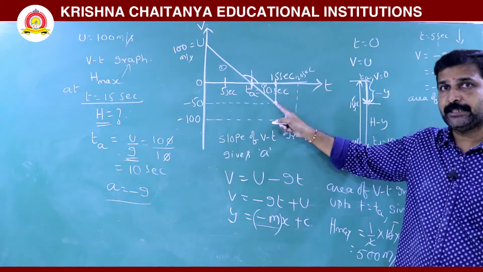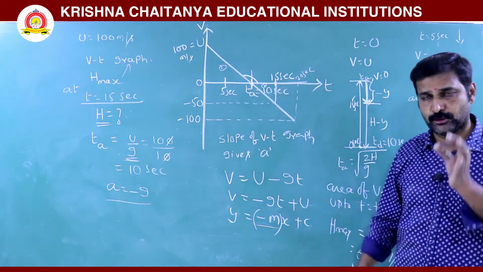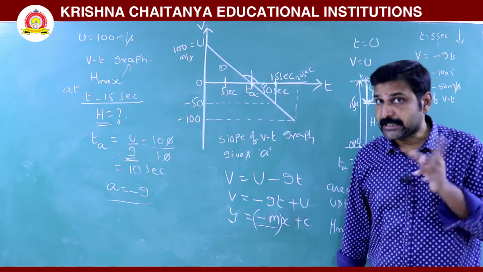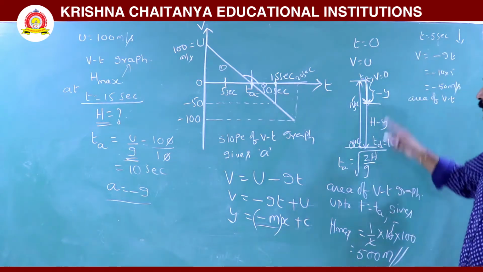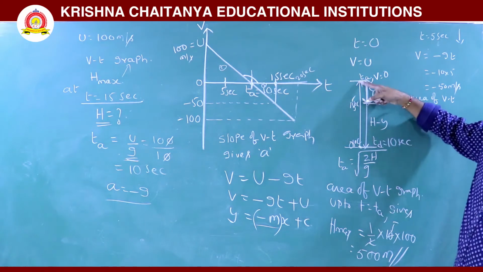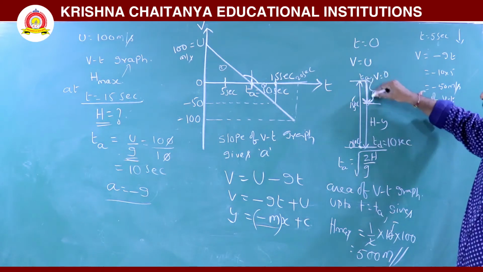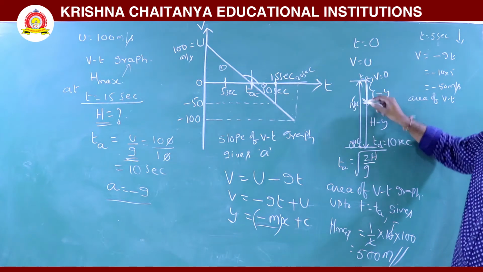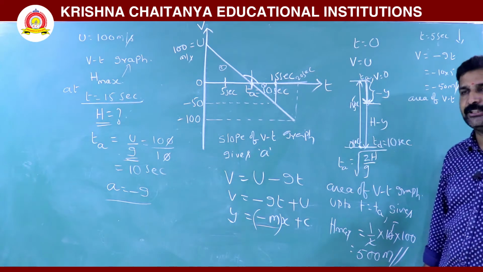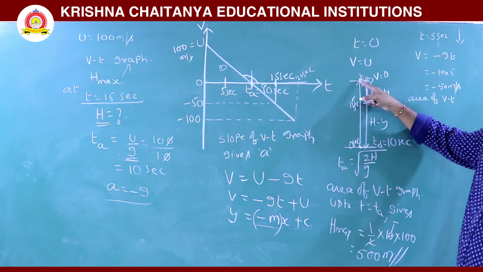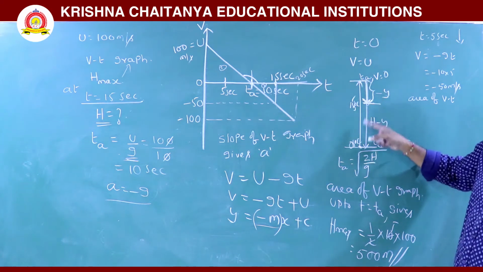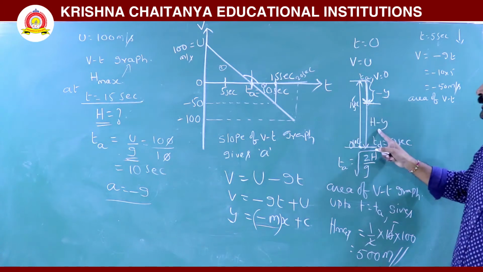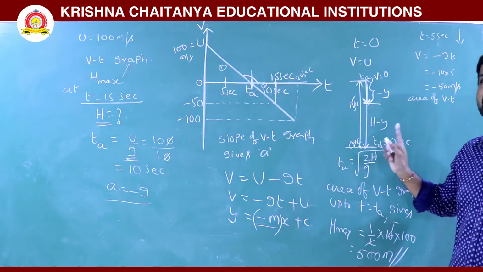For displacement, if velocity is on the negative axis, you should take the displacement as negative. For distance, here this is h and this is y, so distance is h plus y, because distance does not bother about direction. h plus y is the distance travelled and h minus y is the displacement traversed.